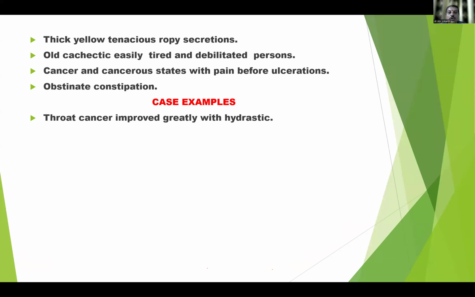So one of my throat cancer cases where the doctors had diagnosed death within a span of 1 month, with Hydrastis that case was dragged on to 1 year and he was perfectly well. He traveled, he looked a bit relaxed, had a good understanding with other people, with family, especially after Hydrastis. And he died very peacefully with Hydrastis.